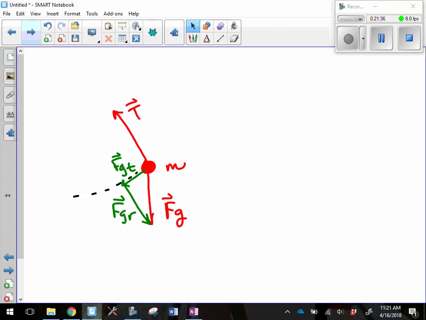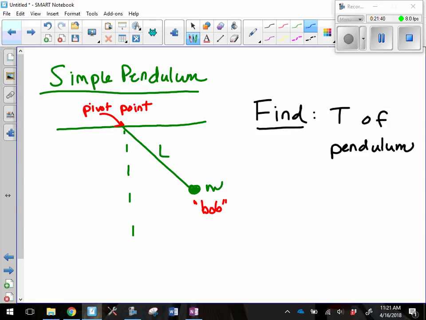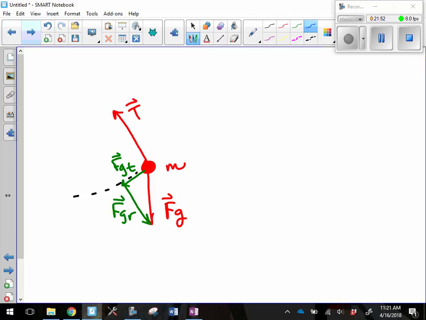Okay? And if I'm going to assume that I'm pulling my pendulum out by an angle theta, then this angle is theta. And the magnitude of FGT is going to be mg sine theta.